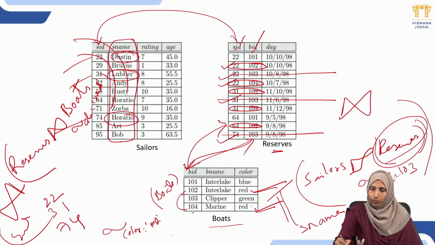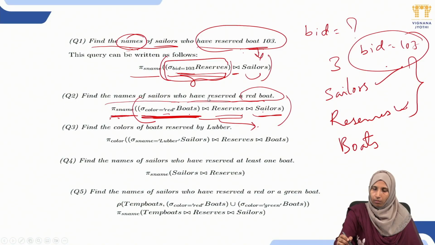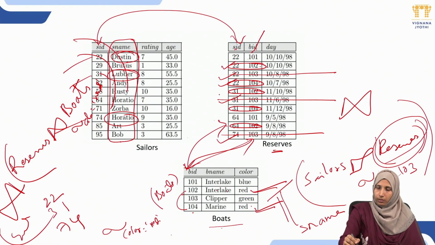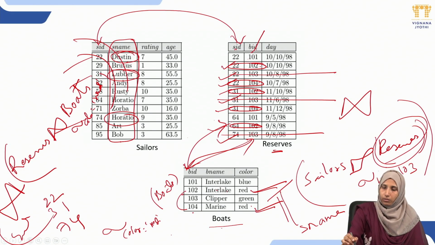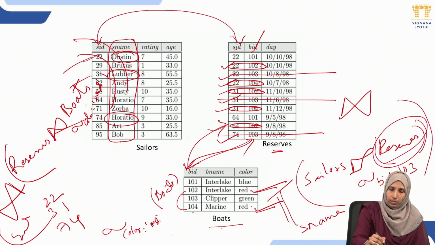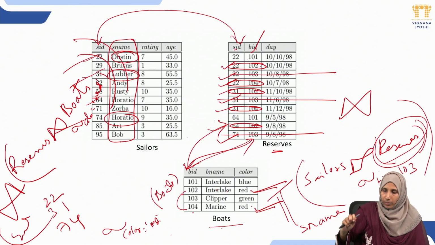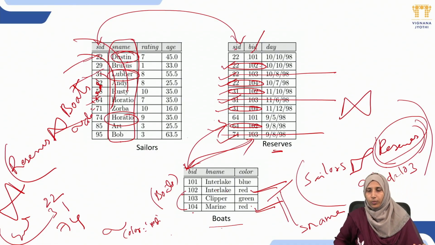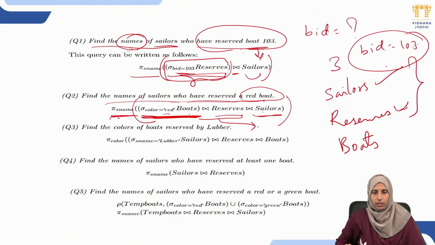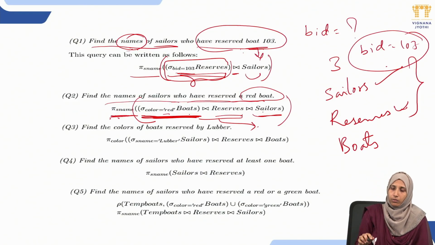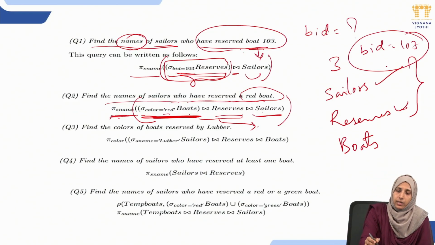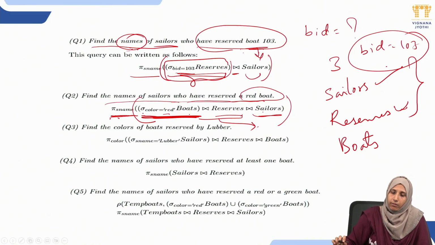Then 31, 31, 64. So 22, 64 and 31 will be our result. If any duplicate values are there, automatically they will be eliminated. The projection operator will not keep any duplicate values. Automatically it will remove or eliminate the duplicate values.